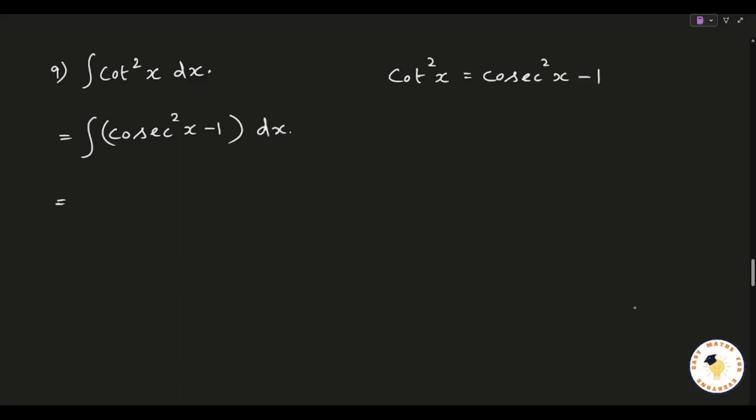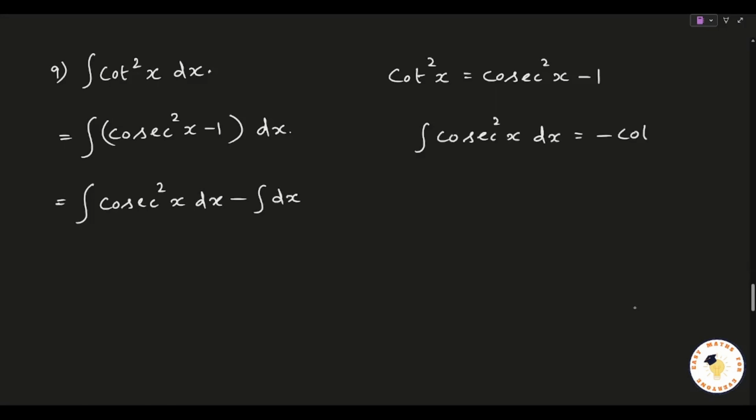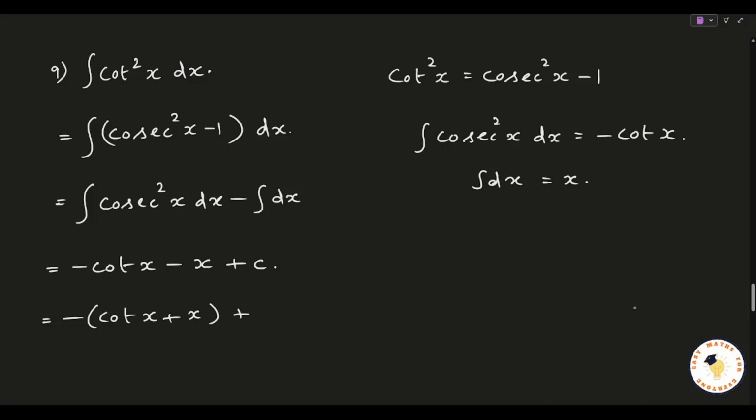And this can be split into two integrals like integral cosecant square x dx minus integral 1 dx, which is dx. And of course we know integral cosecant square x dx equals minus cot x, and integral dx is equal to x. So this will get reduced to minus cot x minus x plus c. We can take a minus common from these two and write it as minus of cot x plus x plus c.